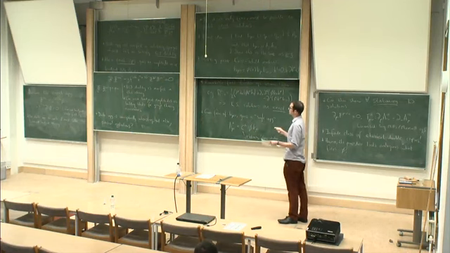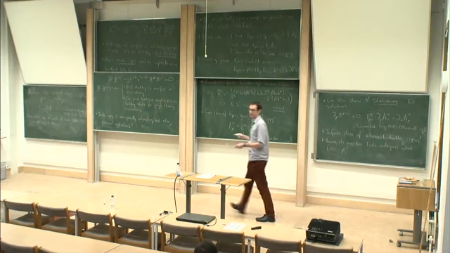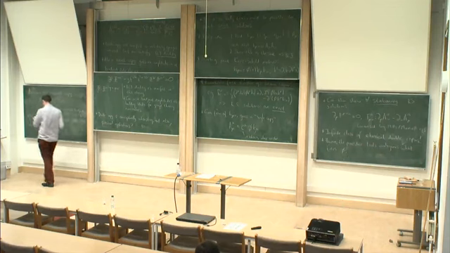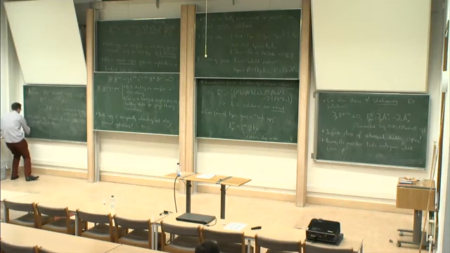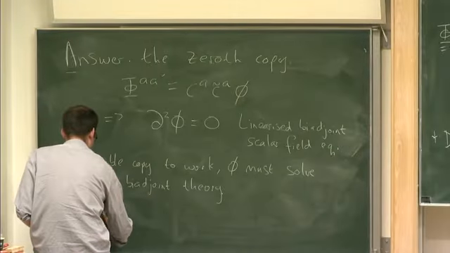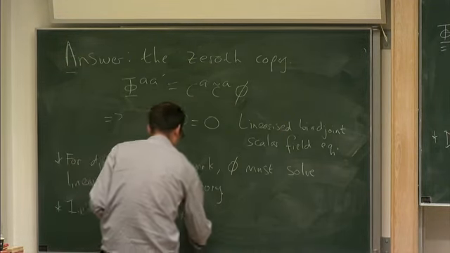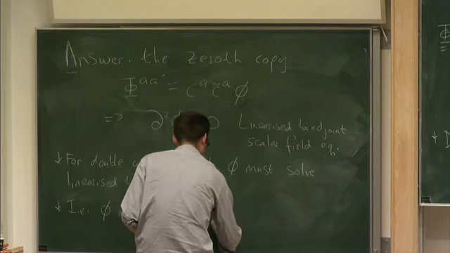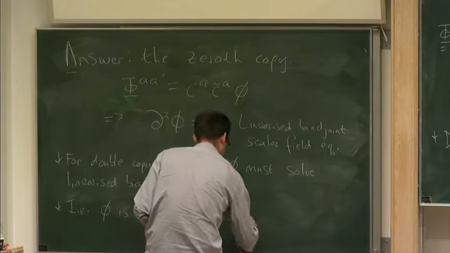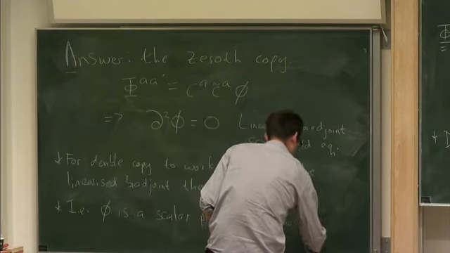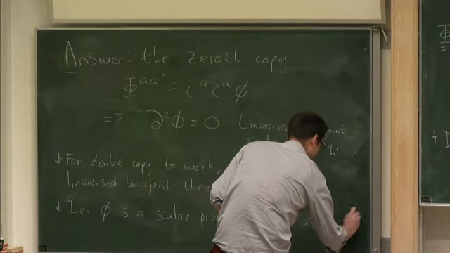Now those denominators are scalar propagators. That's all they are. So indeed, this is, if you like, the same procedure. So phi is a scalar propagator, which is the same as BCJ.